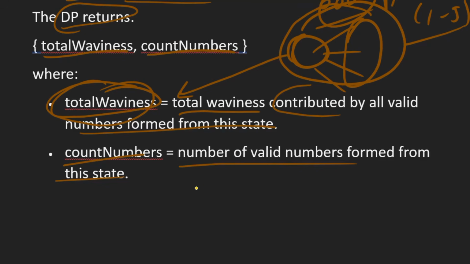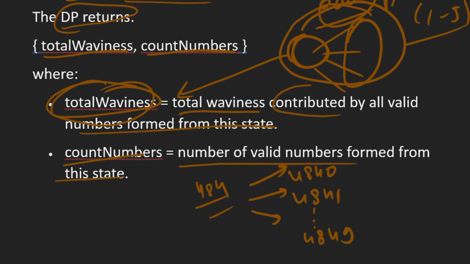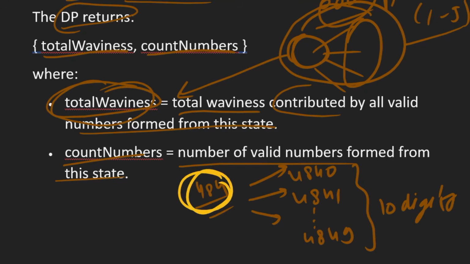So let me give you an example. Suppose we have 484. From here, how many numbers can we form? We can form 4840, 4841, and up to 4849, right? So we can form 10 numbers. So this state has 10 children.